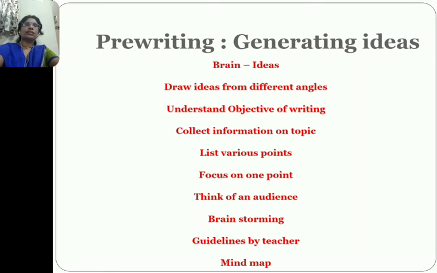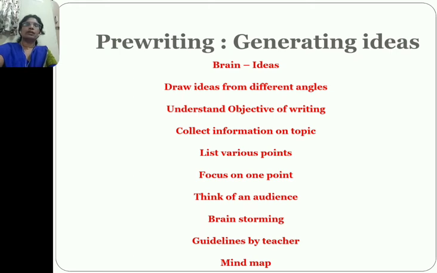They should collect the information on the given topic from various resources. Then they have to list those points, then focus on one point, think about the audience who is going to read the topic or listen the topic, brainstorm.